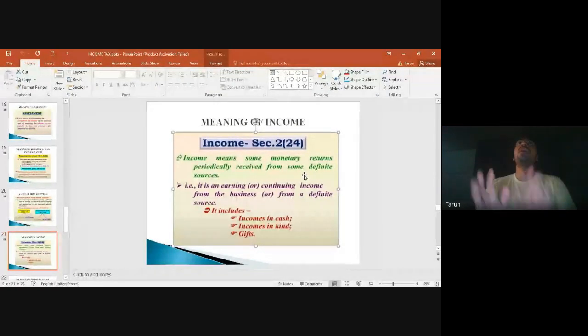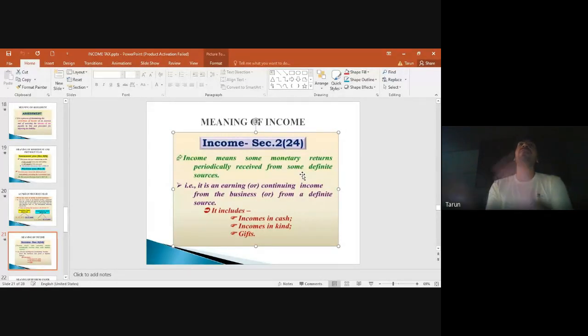If we talk about other countries, these laws will be different, with different laws according to each country. But in India, income is defined under section 2 subsection 24.